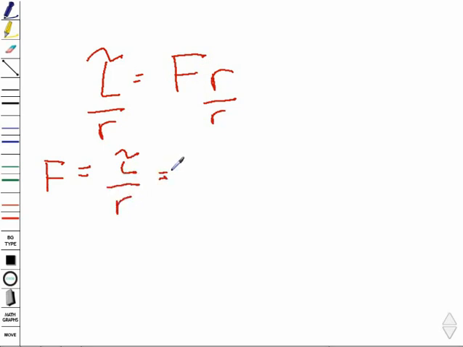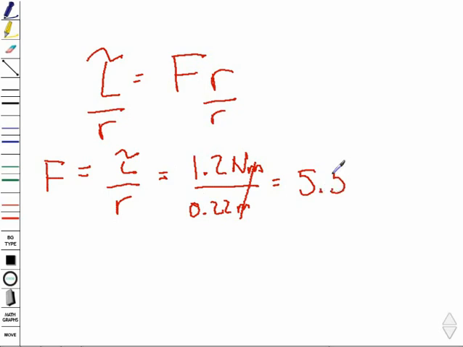We just figured out that our torque was 1.2 Newton meters, and that our radius from before was 0.22 meters. Our meters cancel, and we end up with a final answer of 5.5 newtons, and a newton is a force unit, so that matches with what we were solving for.